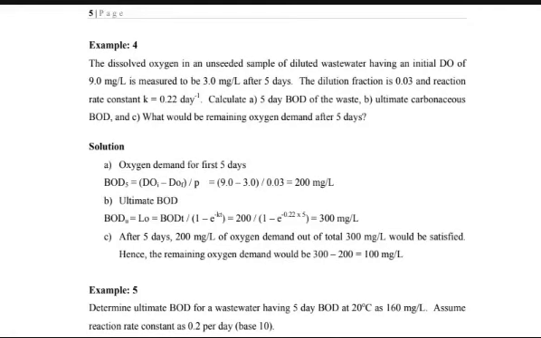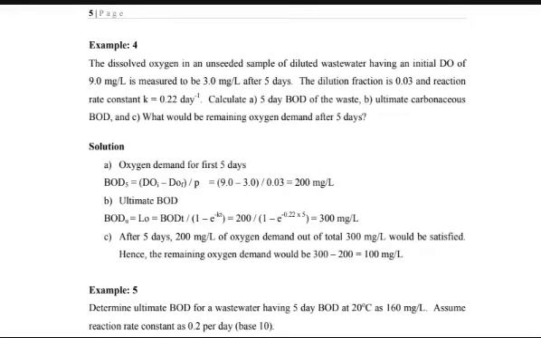What is the formula? The general formula is BOD ultimate equals L suffix 0, which is again a representation. Now how can we change this formula to BODt equals L0 times 1 minus e raised to the power minus kt?